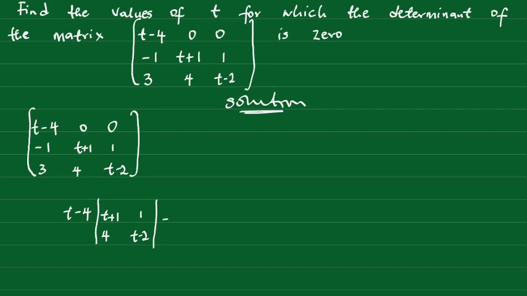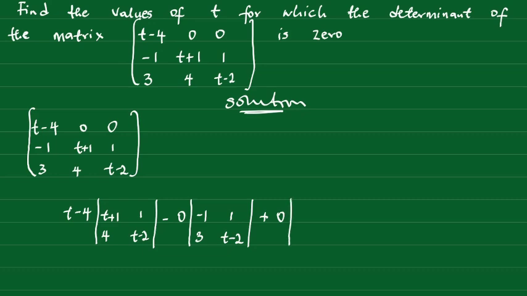Minus, now we'll go to row 1, column 2, I'll take 0. I'll find the determinant of the other part of the matrix that does not include the whole of row 1 and the whole of column 2. So we have minus 1, 1, 3, t minus 2. Lastly, we have plus 0.